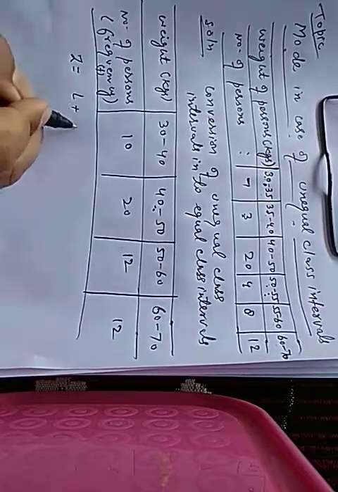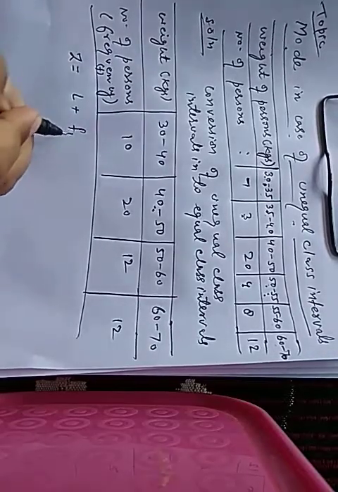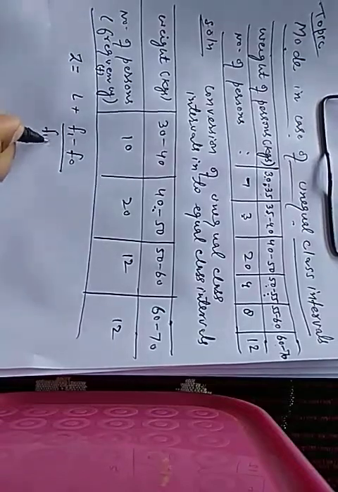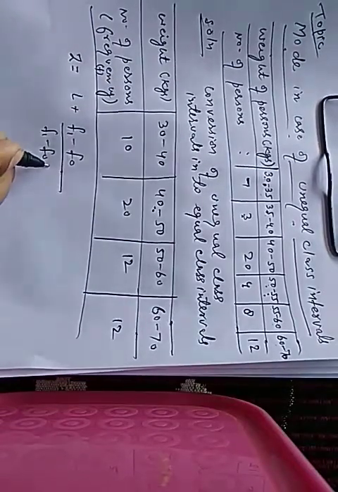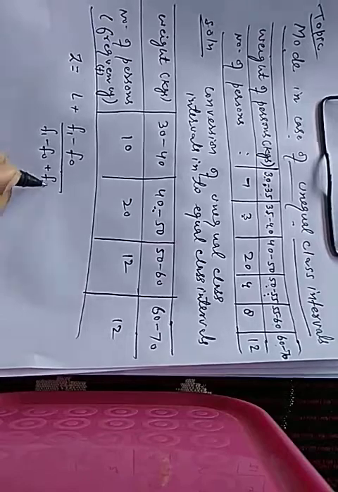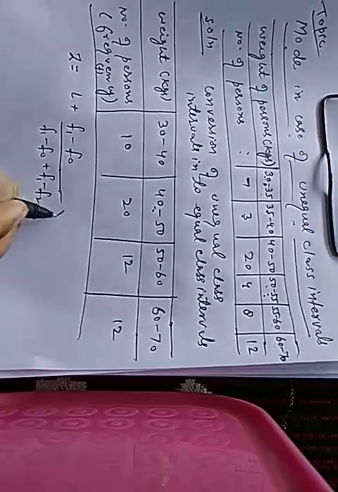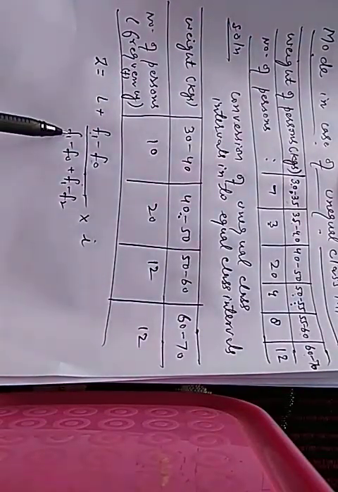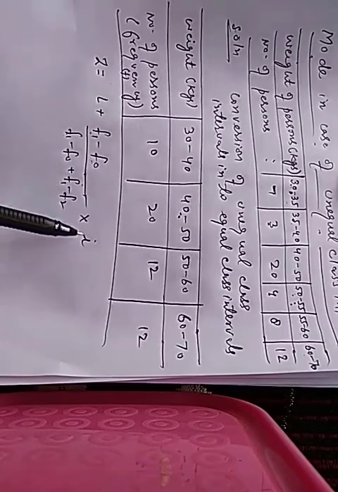Mode is equal to L plus (f1 minus f0) divided by (f1 minus f0 plus f1 minus f2), multiplied by i, or we can write this as L plus (f1 minus f0) divided by (2f1 minus f0 minus f2), multiplied by i. In both cases you will get the same result.